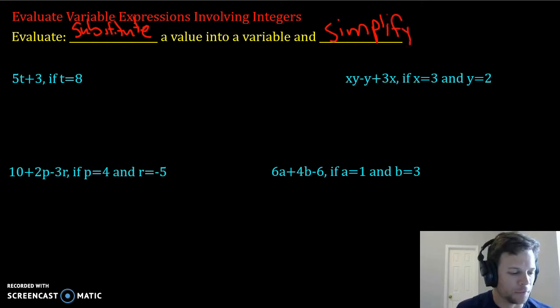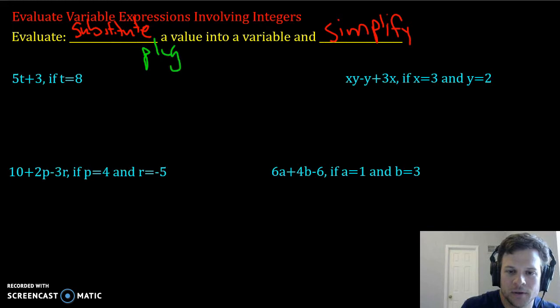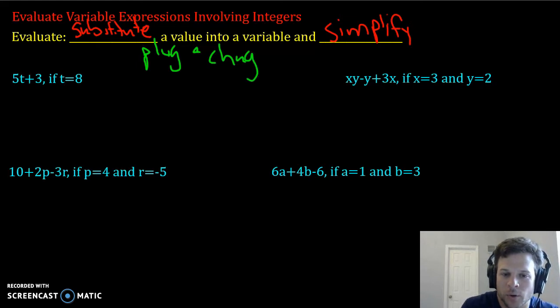A very common phrase said when substituting and simplifying is plug and chug. So you plug the variable or the value into the variable and then you simplify it all the way down until you get one final expression.